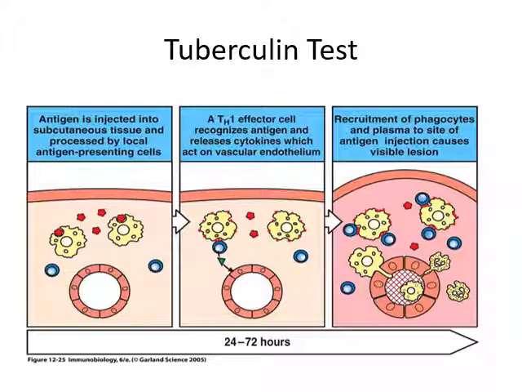So the Th1 effector cells identify that particular antigen or pathogen and mount an immune response. So there is recruitment of phagocytes and plasma to the site of injection, and it leads to inflammation and induration. This overall process takes something around 24 to 72 hours.